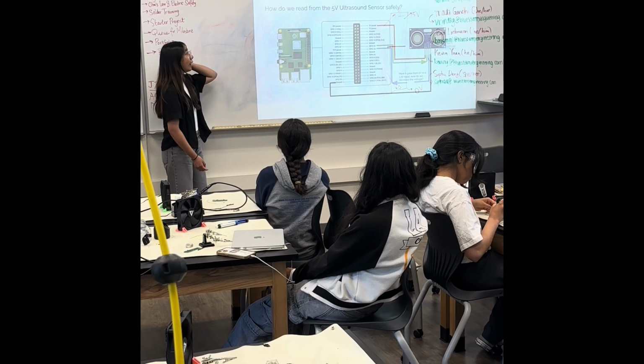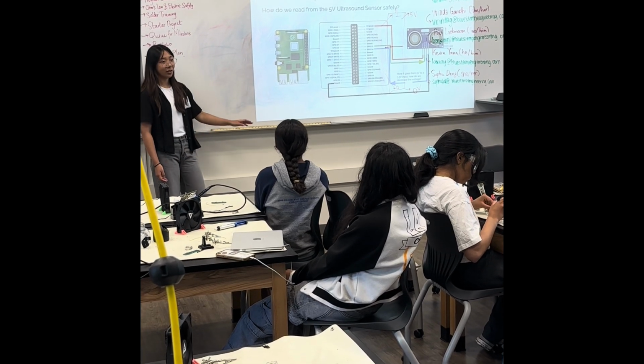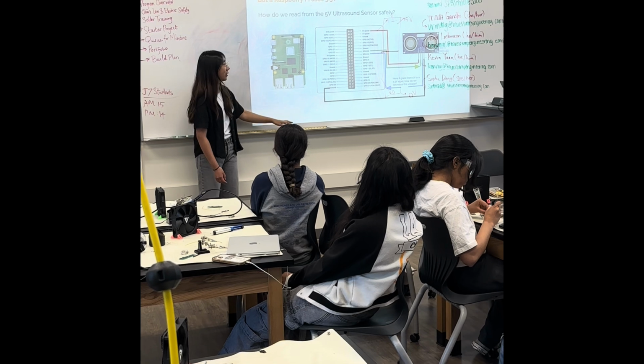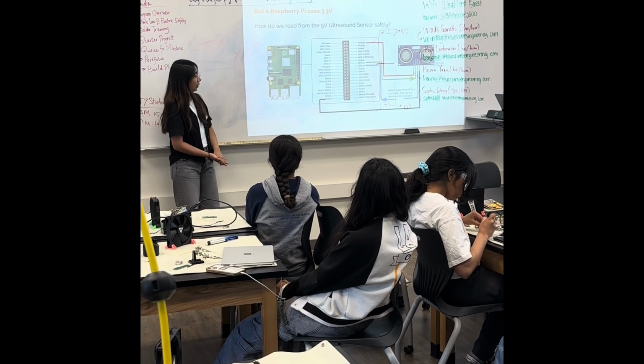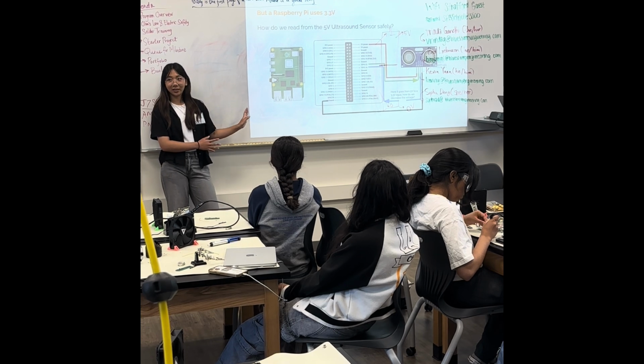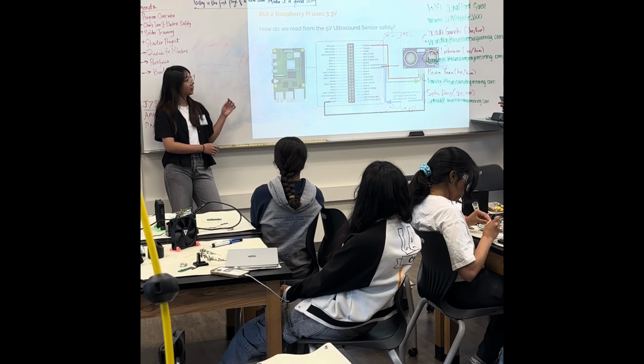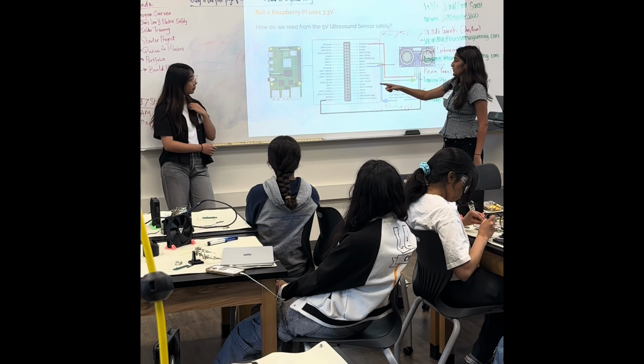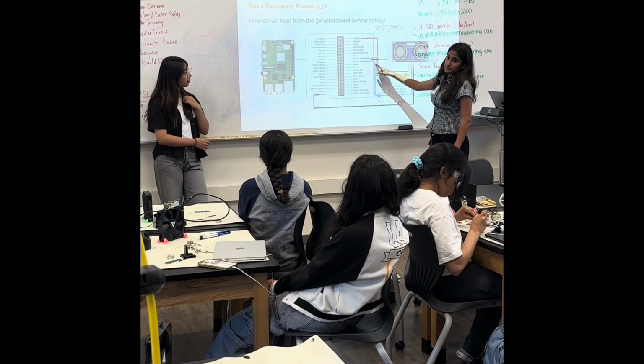However, the Raspberry Pi uses 3.3 volts, which is different than the ultrasound sensor, which uses 5 volts. So, does anyone see a problem here? Do we need to do something to fix this? Because this Raspberry Pi only reads up to 3.3.